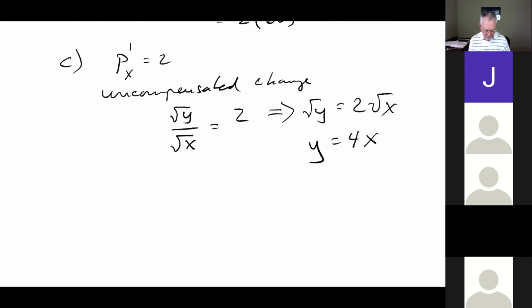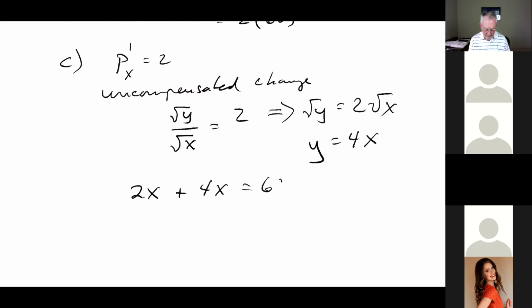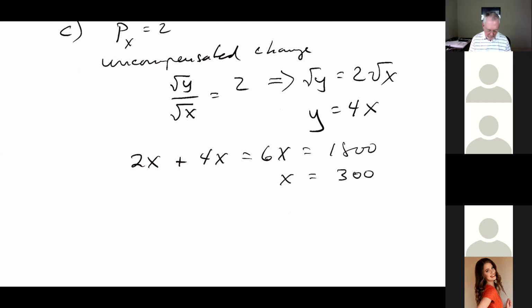Now, each unit of x costs 2, so I have 2x. It's my expenditure on x. Y still has a price of 1, but I substitute for y in terms of x. So I get 6x is equal to the income of 1,800. So that tells me that x is equal to 1,800 over 6, or 300. Now, what's the uncompensated change?